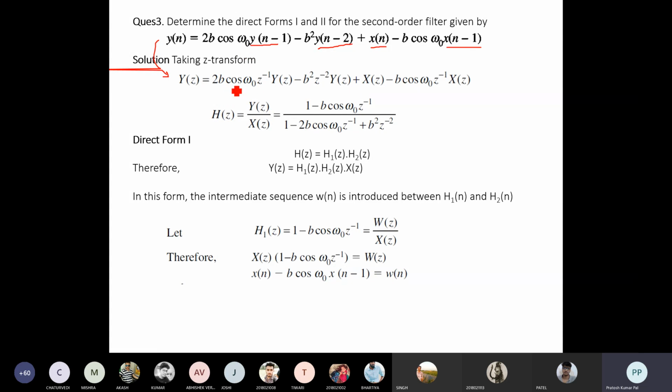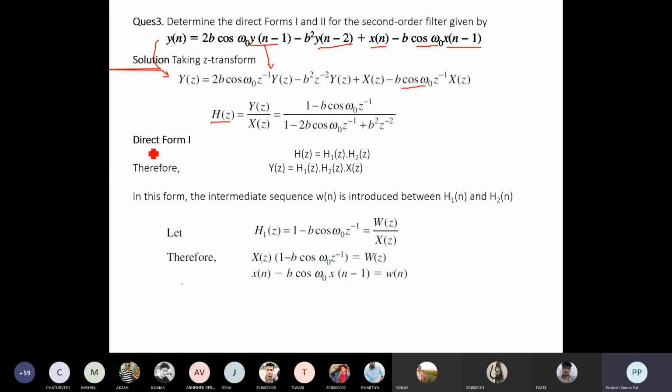So 2b cos omega 0 will be a constant, and y of n minus 1 will be z to the power minus 1 y of z. Then b square will be represented like z to the power minus 2 y of z. Similarly, all other terms will be represented. Here also it is a constant term, so the same constant will be written. From there we have to find h of z, that is y of z divided by x of z. So this is the transfer function.